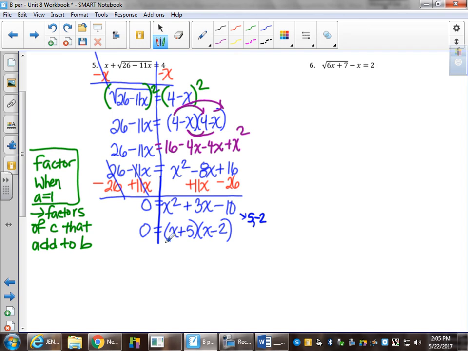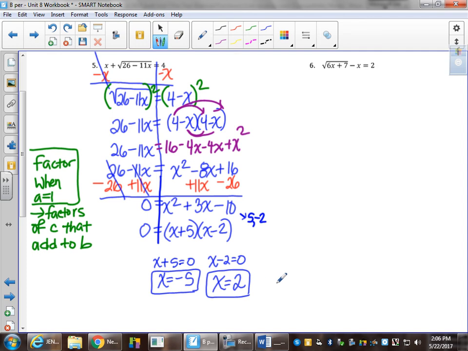As a reminder, the reason why factoring helps us out is because there's some value of x that makes the first factor 0. So I could set x plus 5 equals to 0 and solve. What would I get from that? Negative 5. And then I set the second factor equal to 0, and I get x equals positive 2.